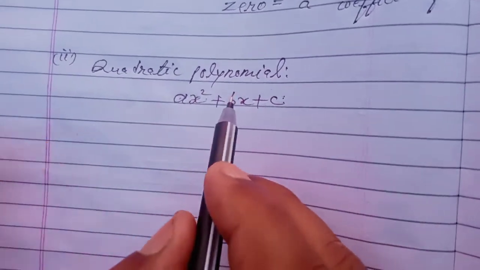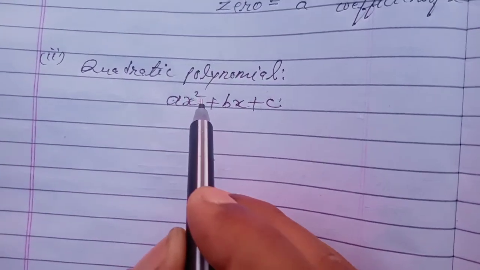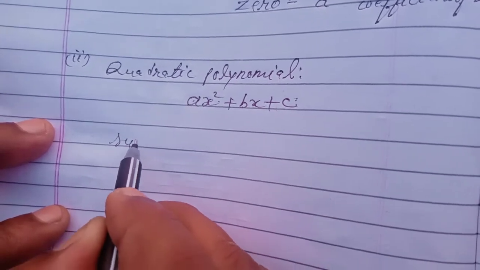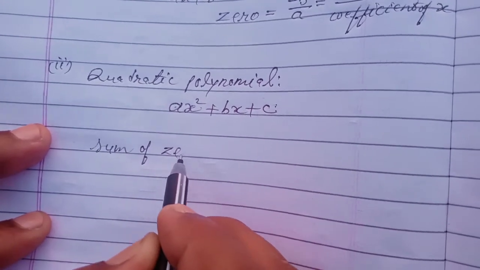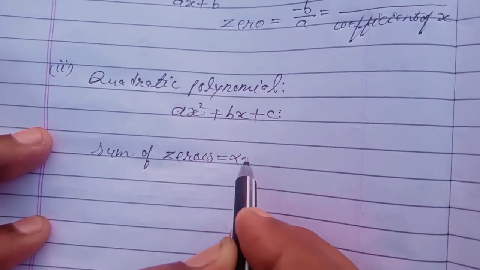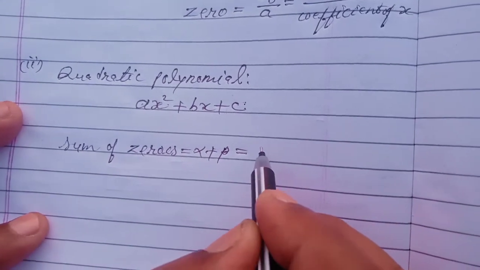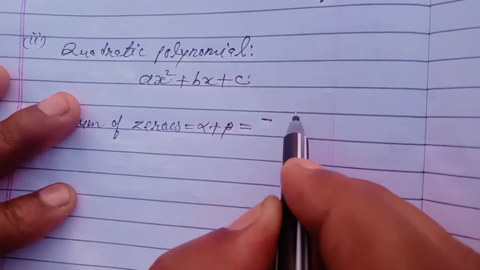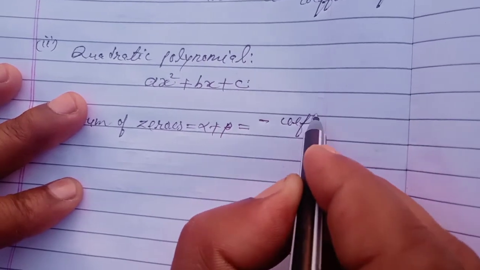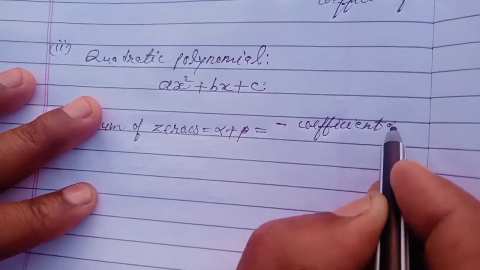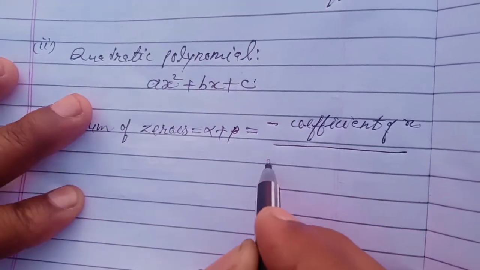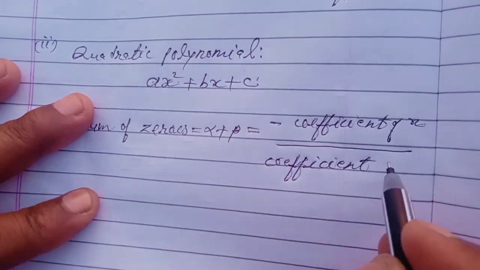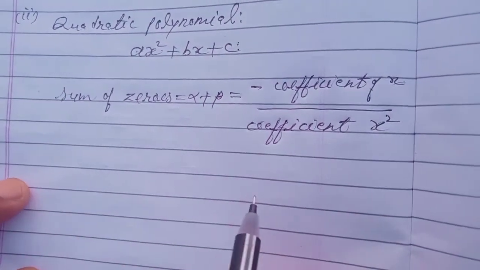A quadratic polynomial has 2 zeros. If the zeros of the quadratic polynomial are alpha and beta, then the sum of zeros, alpha plus beta, is equal to minus coefficient of x upon coefficient of x square.